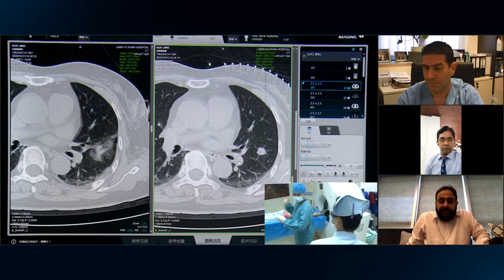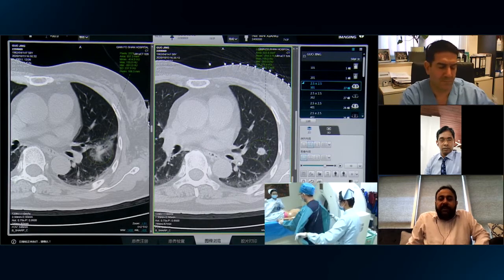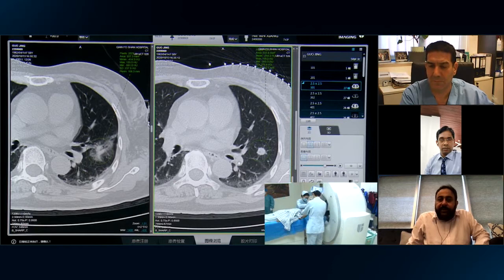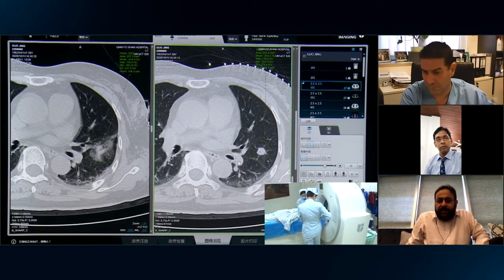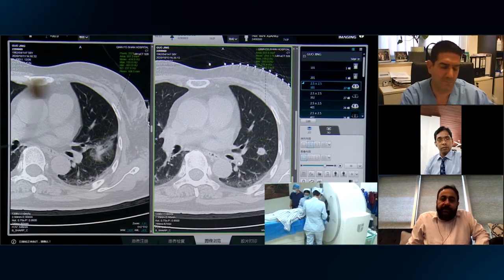Because the studies are limited, when we have big numbers, probably then we would be able to say what is the exact incidence. We do bone, liver, kidney, and lungs, and so far in my practice I haven't come across it.